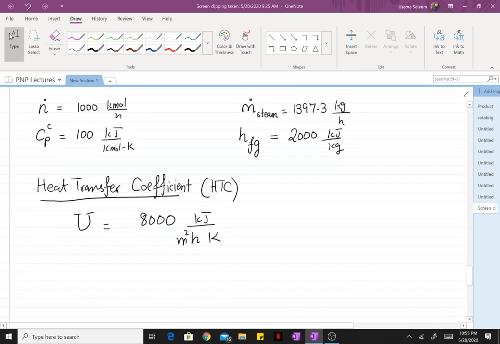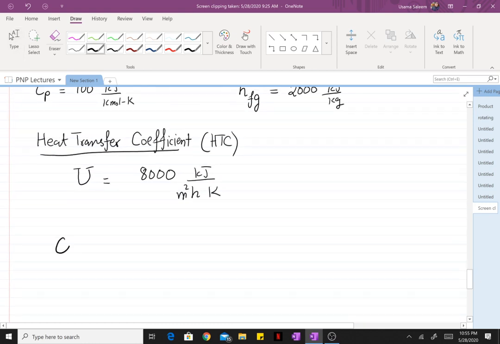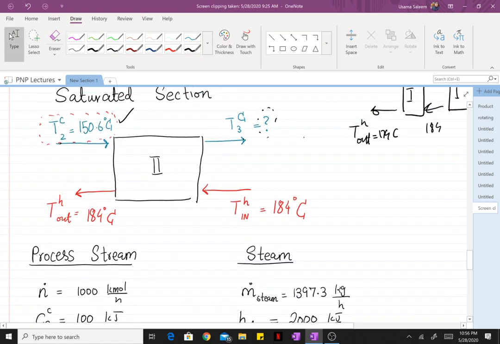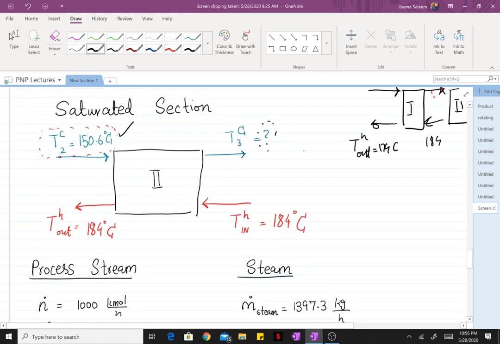Well, once again, our two most trusted equations, the energy balance, we're going to knock that out first. So the energy gained by the process stream, which should be represented by this expression, 150.6, must equal the energy lost by the steam. In this section there is no temperature change for steam. Steam is actually condensing.